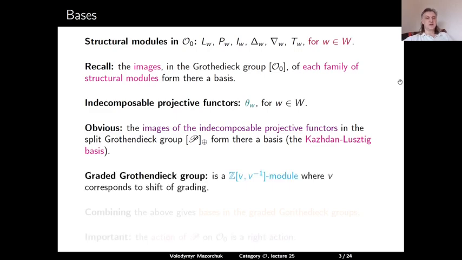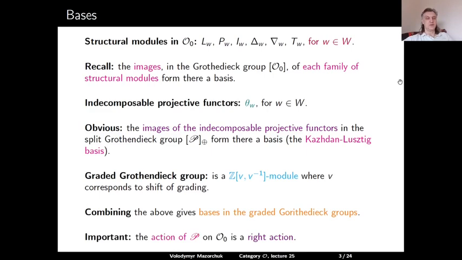The graded Grothendieck groups are naturally modules over the algebra of Laurent polynomials in the variable v with integral coefficients, where the variable v itself is interpreted as the shift of grading. And combining all the above, we get natural bases also in the graded Grothendieck groups.